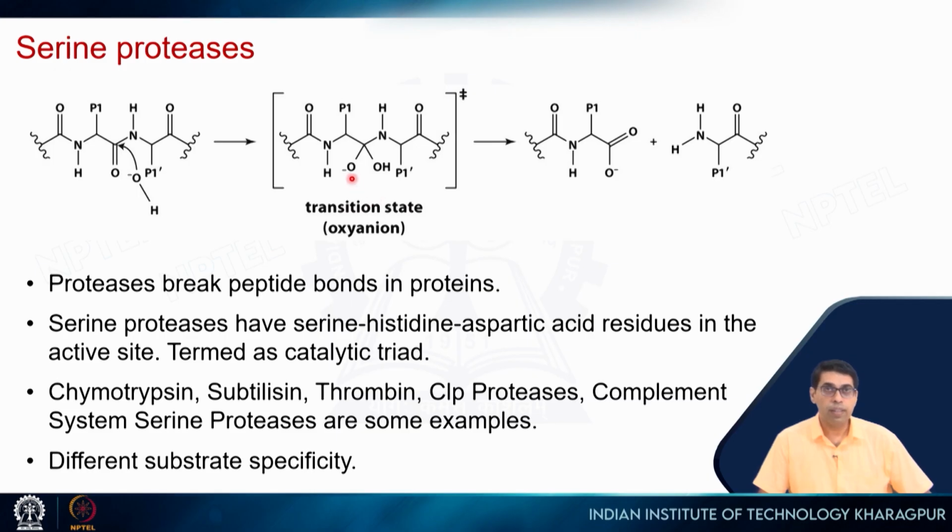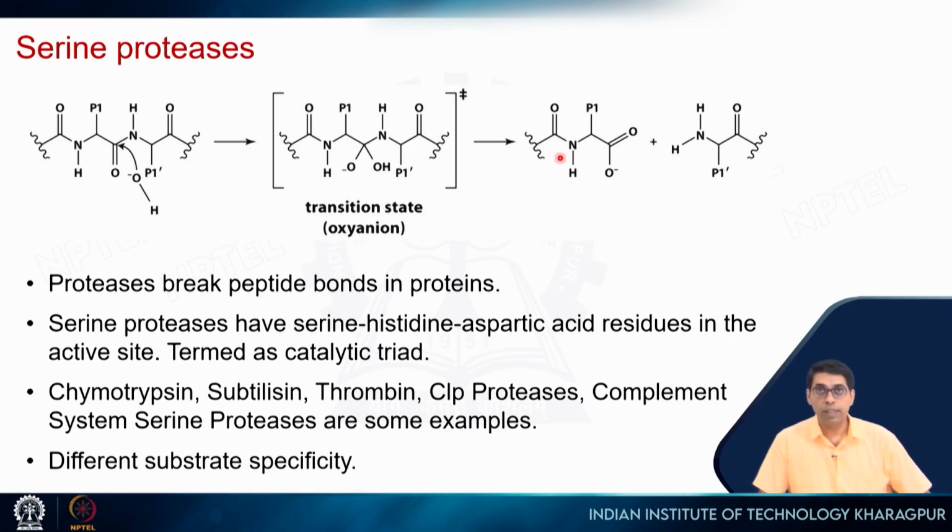So now here you can see there are two possibilities. This negative charge goes back here and this bond breaks. So if this bond breaks, then again it goes back to the substrate. But if this carbon nitrogen bond breaks, then this will go to the product, and this is what you want. So there is always a chance that it can revert back to the actual substrate. So that will be a futile step.